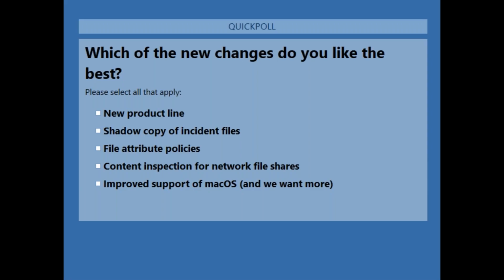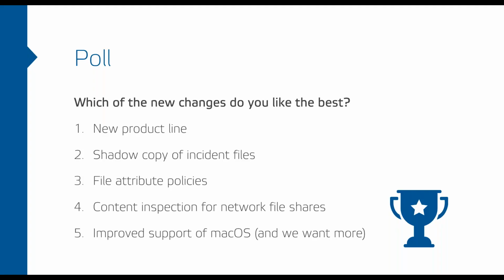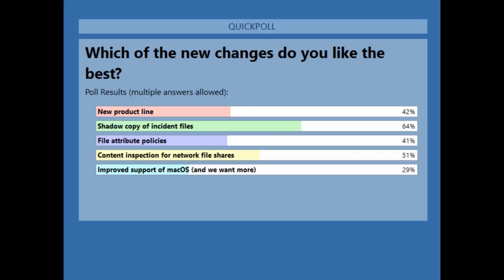So sharing it with you, and as you can see, shadow copy is definitely the most welcome feature, followed by content inspection, and then it's pretty much the same for the new product line and file attribute policies. But we're also glad that you appreciate the new macOS features, as always.